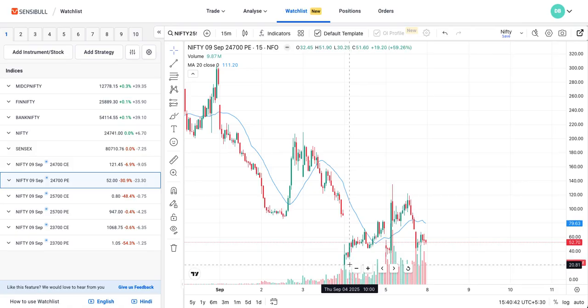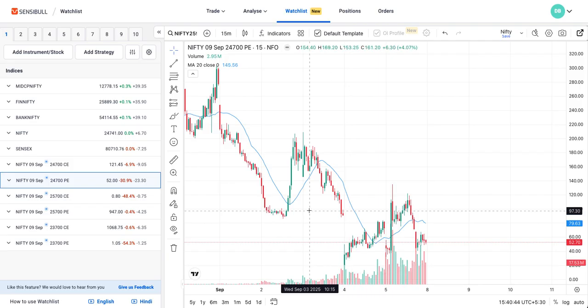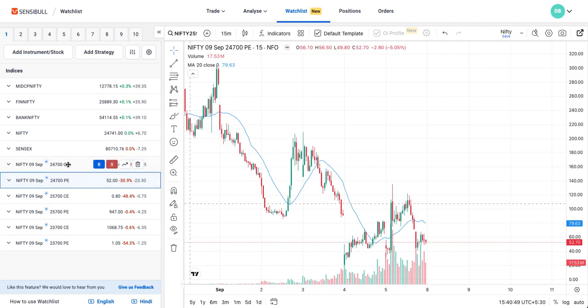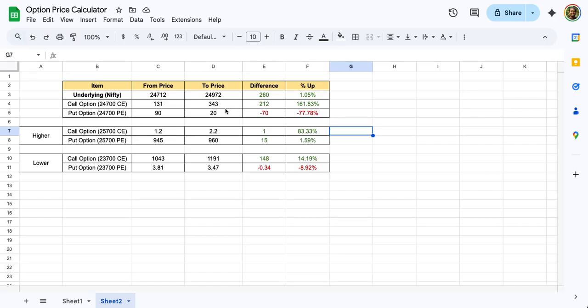So you see that the original Nifty underlying moved by 250 points, but the call and put prices did not move accordingly. Just to do it easily, I put that in a spreadsheet. Here we can see that the underlying, which went from 24,712 to 24,972, a difference of 260 points, that is 1%.